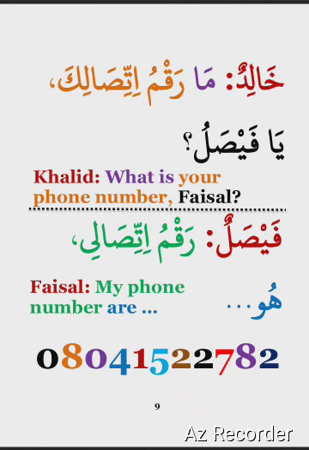So now how do you read the phone numbers below? If you haven't mastered how to count in Arabic from 1 to 10, the number is 080 41 52 27 82. So how do you read that in Arabic? Let's get started.